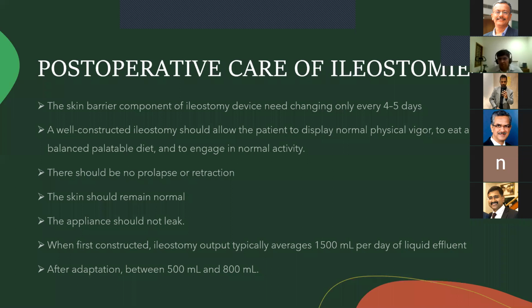Next, in a loop ileostomy, which end of the ileum should be above? Sir, you answered that, but I want you to answer it again because I want to know if you understood clearly. So the proximal loop should be above, and distal will be below, sir. You also mentioned it could be the other way around, by putting a twist in the mesentery.